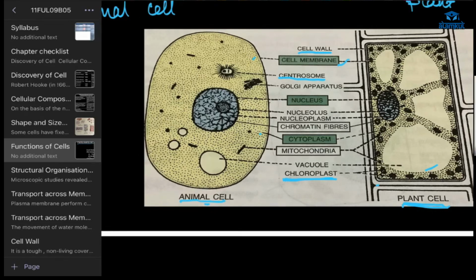Because in the plant cell there is diffusion, and it is not complex, like the system we have in the animal cell. I'll explain when we study the vacuole, I'll tell you more.